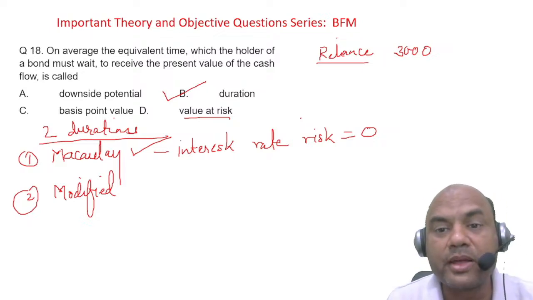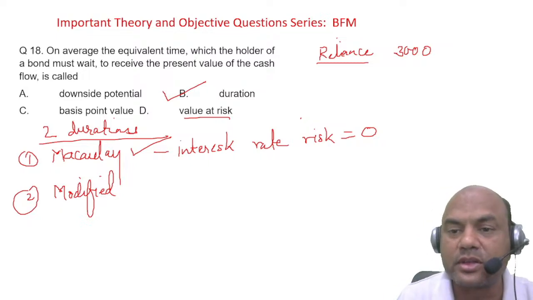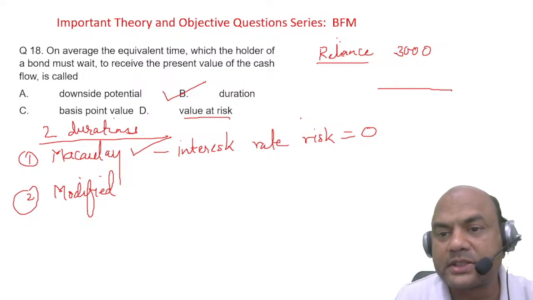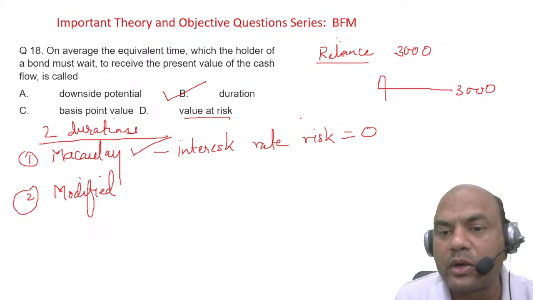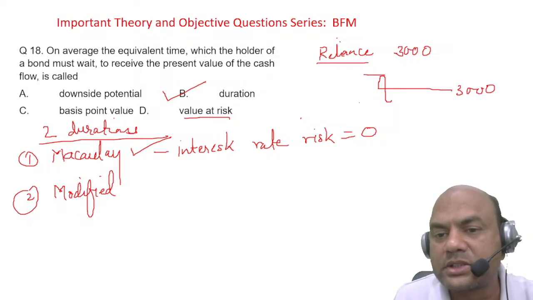What is the recent trend of Reliance share? So look at this. Suppose this is a line of 3000 and the share moves between 2800 to 3200, means daily it moves between this to this. Lower side it goes to 2800 and upper side it goes to 3200.